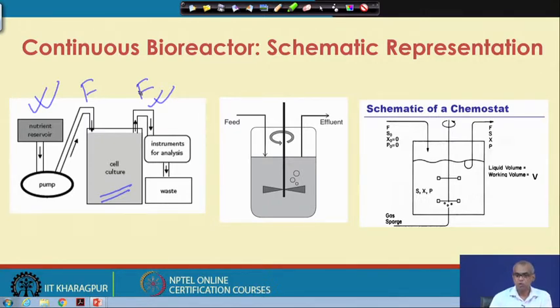So, the volume of this bioreactor remains constant. You also sparge gas to the bioreactor. You can sparge air so that the level of oxygen in the bioreactor is maintained at some optimal value.